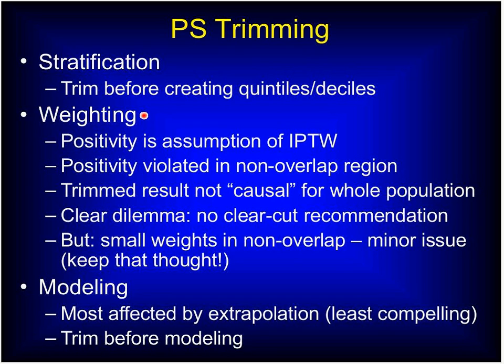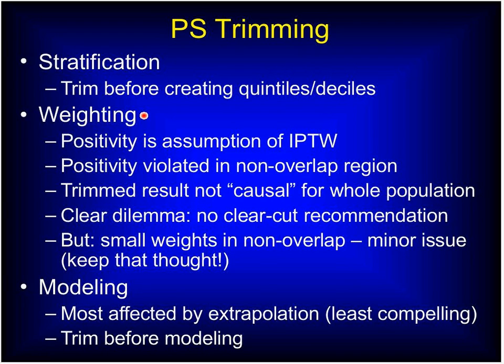So the non-overlap region clearly violates positivity, because in the non-overlap region there is a zero probability of receiving either of the treatments that you're comparing in the dichotomous setting.